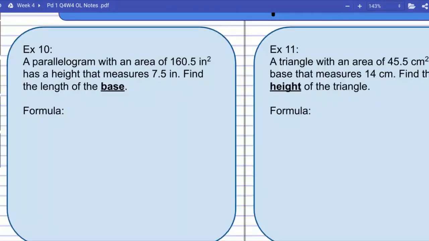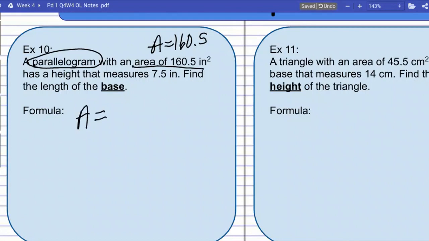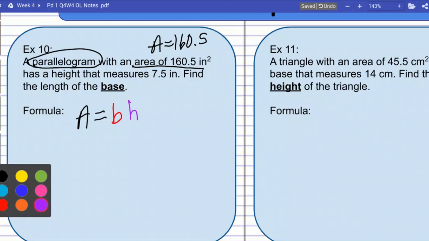So I'm given that I have a parallelogram and its area is 106.5, so we're given the answer. The formula for area of a parallelogram is just area equals the base times the height. We know the base is what we're trying to find, and the height is 7.5. So we're going to plug it in. Area equals the base we don't know times the height, 7.5.